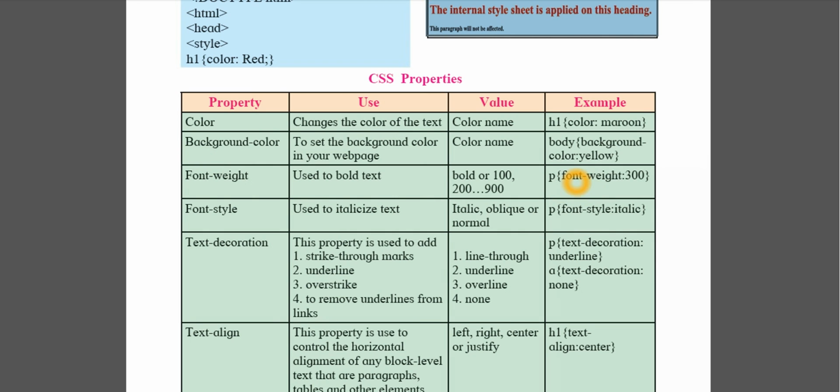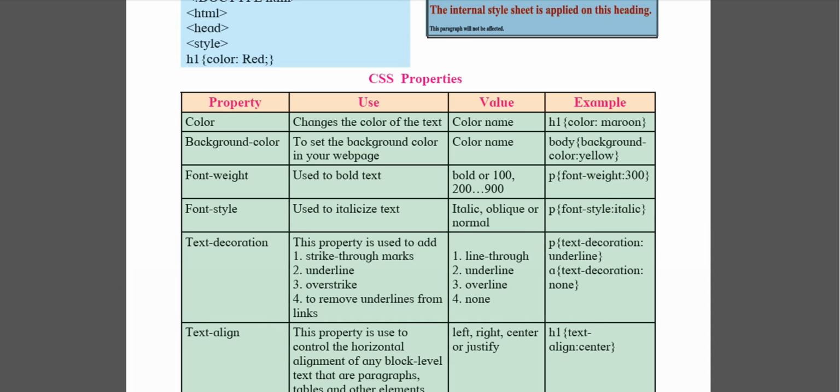The P font weight is equal to 300. Font style uses italic style, italic bold, you can use many types of font also. So we have italic, oblique or normal. We have the example P font style italic.